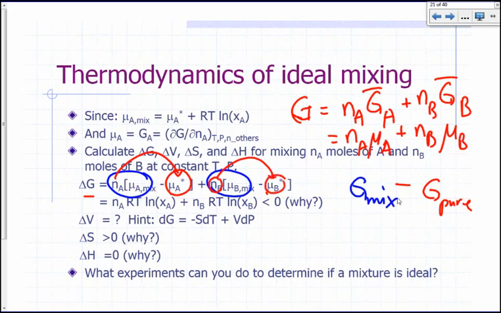All right. Now, I've rearranged that expression to this because now I can put these two together.